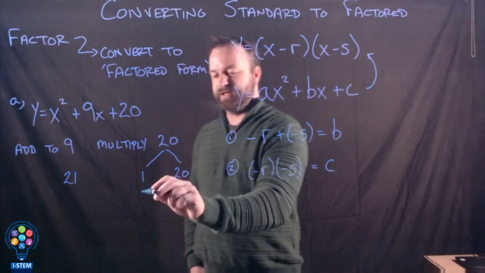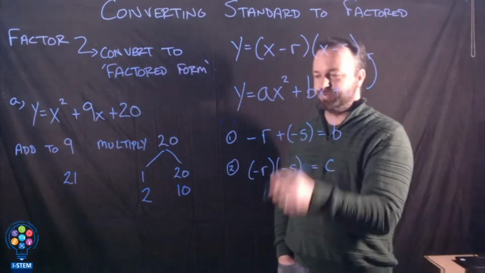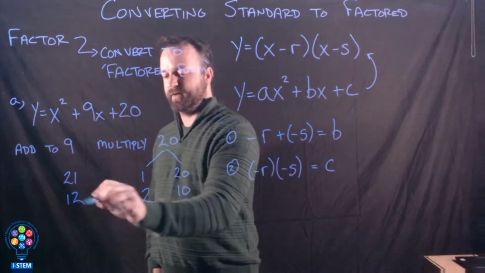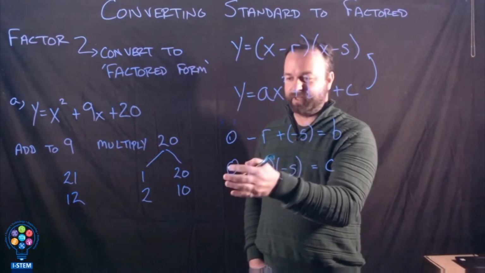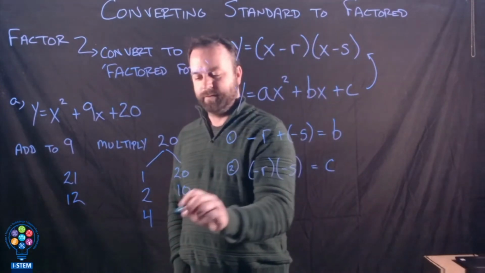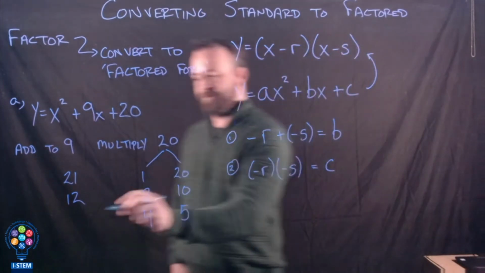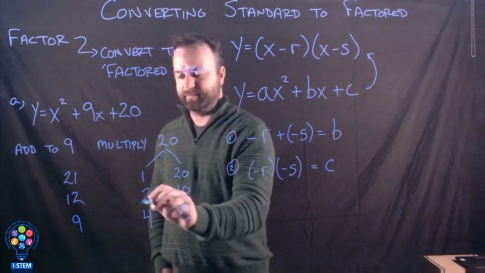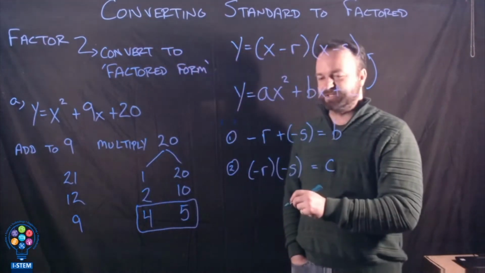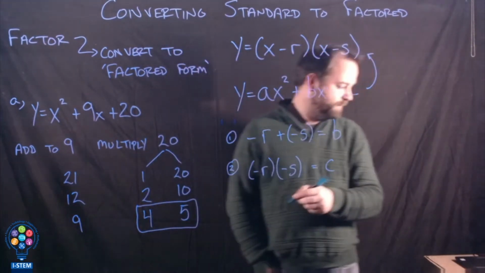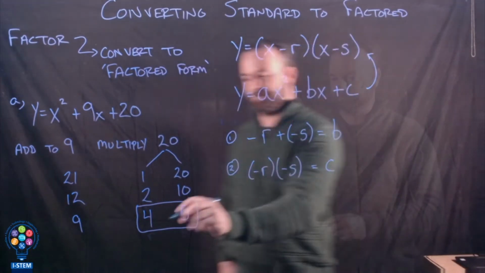I know that I could do 2 times 10. If I add those two numbers together, I get 12. 3 doesn't divide nicely into 20, but 4 times 5 is equal to 20. And if I add 4 and 5 together, I get 9. So it looks like 4 and 5 are my two values for r and s.